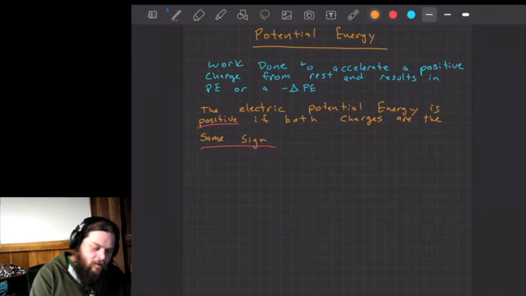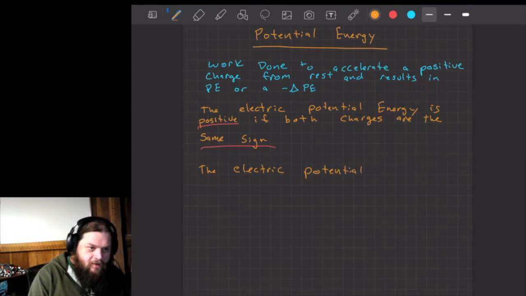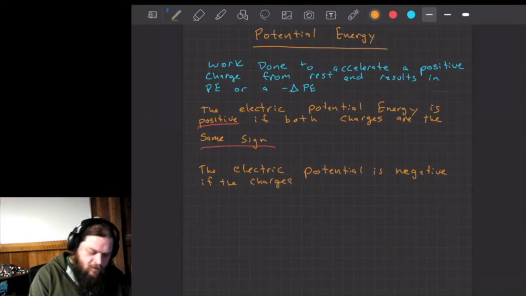If the charges are opposite signs, we can say the electric potential energy is negative.